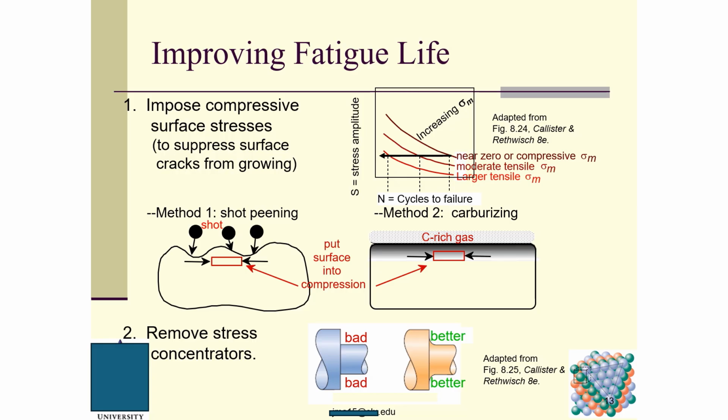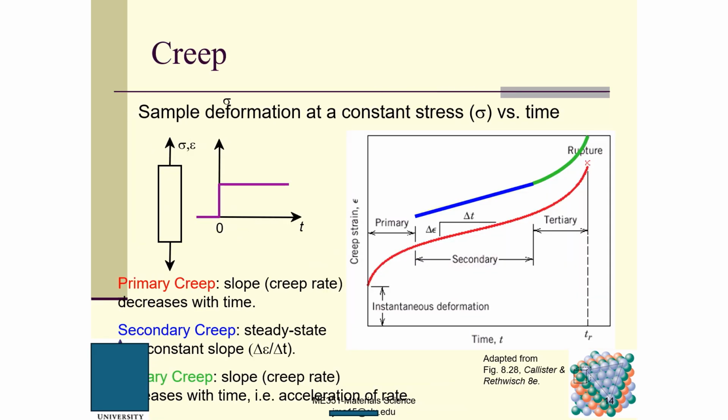This sharp angle serves as the stress concentrator. However, if we have a rounded fillet at the corner, this will be much better in terms of the fatigue life of this specimen. Any questions regarding this slide? No question?